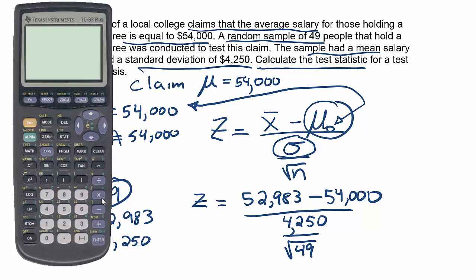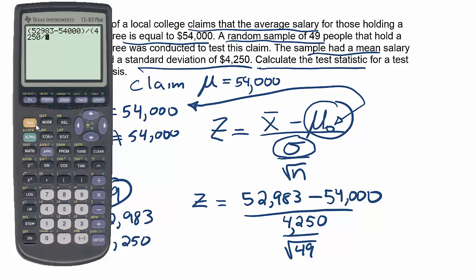So let's go ahead and evaluate that test stat. In parentheses, 52,983 minus 54,000. Close that up and divide by, open parentheses, 4,250 divided by the square root of 49.